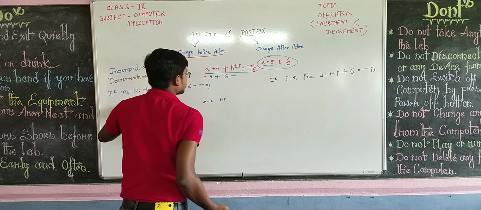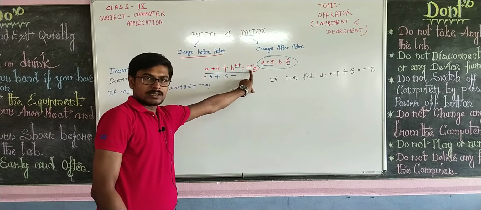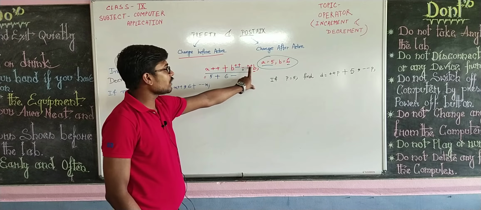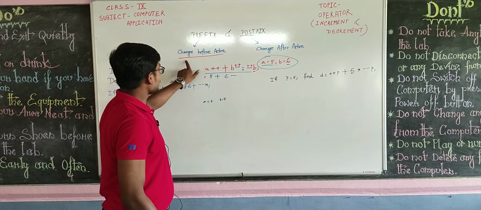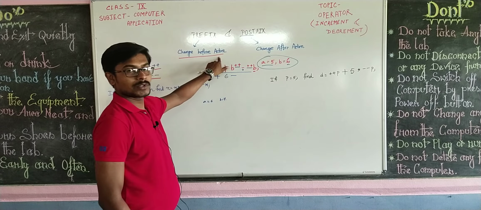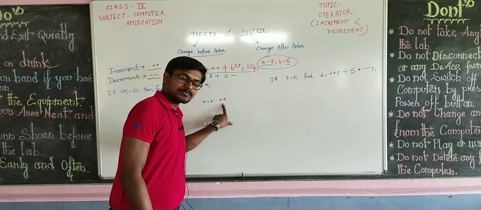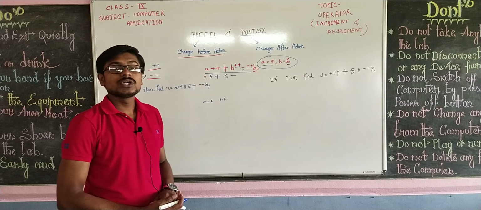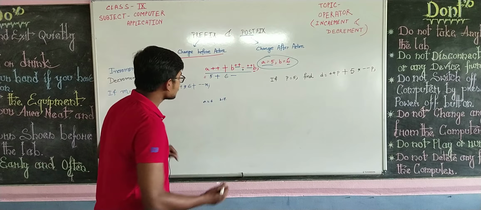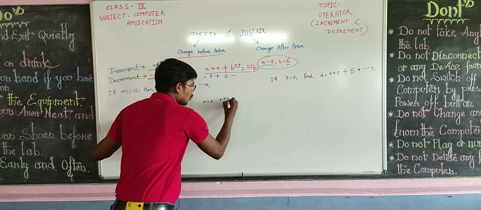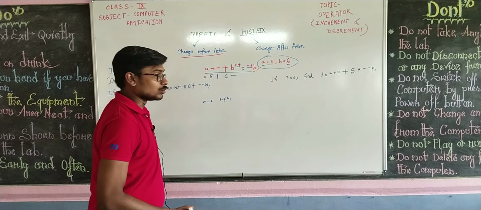We will write here. After that, given plus plus B, that means it's a prefix operator. Prefix means change before action. Current B's value equals to 7, but we have to change before action. That means add 1 to this 7, the last value.